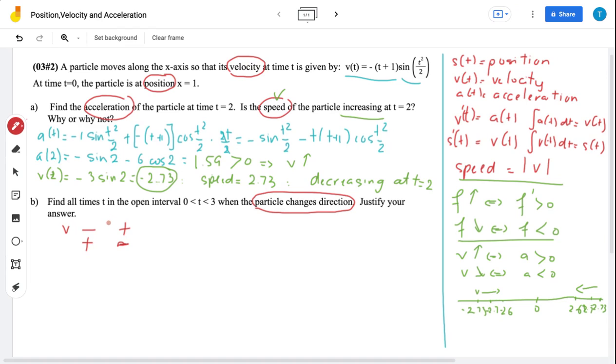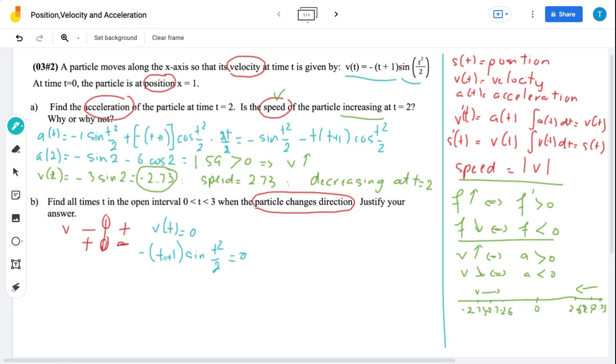So at this moment, the velocity must equal zero. So in order to know when the particle changed direction, we have to let the velocity equal zero. All right, so we solve that equation. You have negative (t plus 1) times sine of t squared over 2 equal to 0.